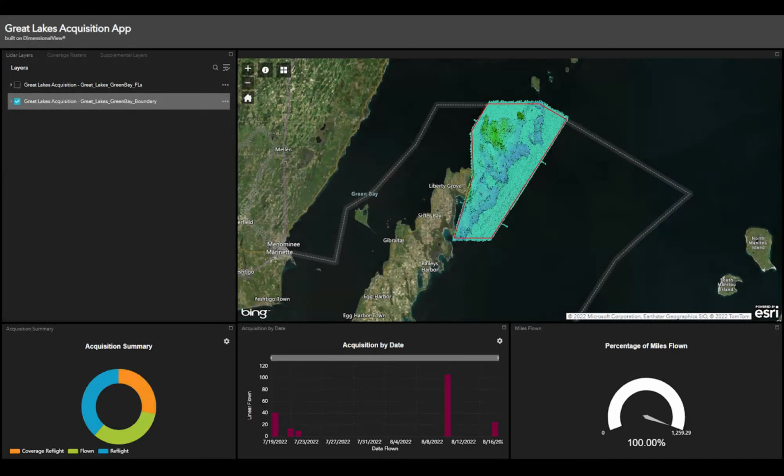By being able to look at the data on the fly like that, we could see any issues that might be present within the data. If a reflight was necessary, they would be able to identify those flight lines that would be needed for a reflight. This has been really nice to have, almost near real time data acquisition information to share with partners and keep us up to date on the work at hand.